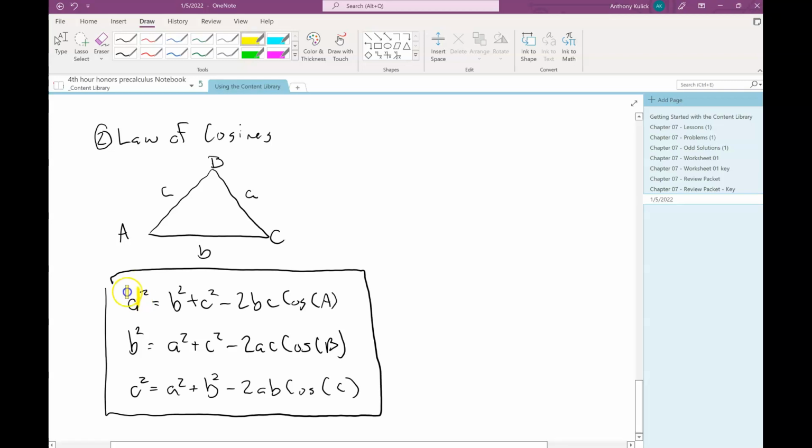The way that I remember this is, if I'm looking for side a, I'm going to use angle A in the cosine, and then the other two sides make up all the rest of the formula. That's the way I kind of think about it.